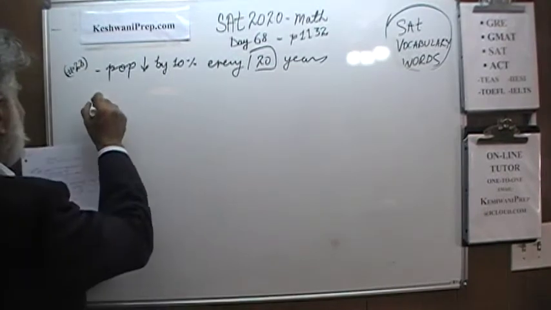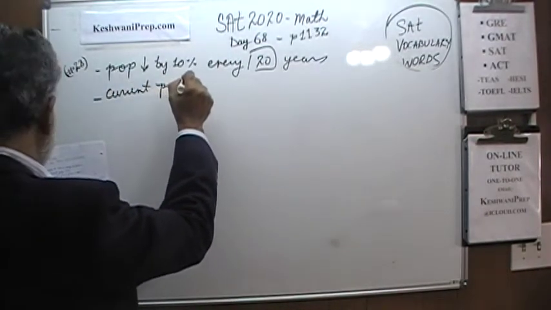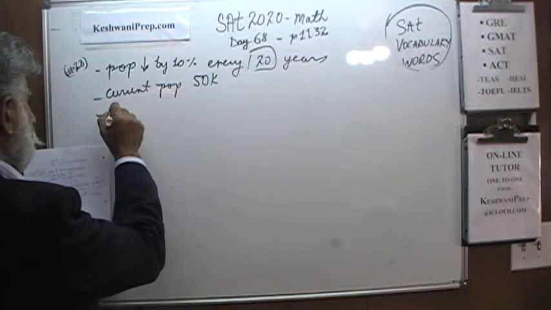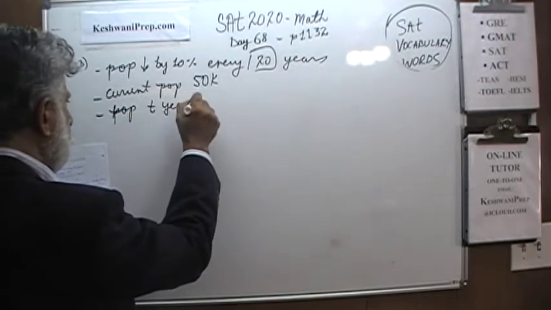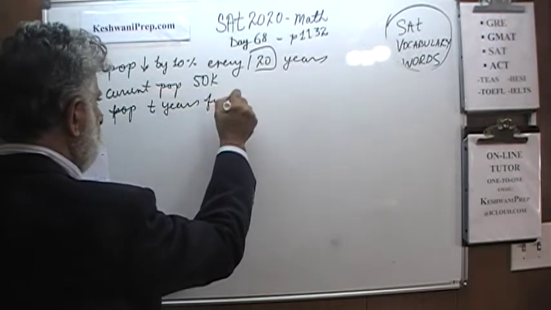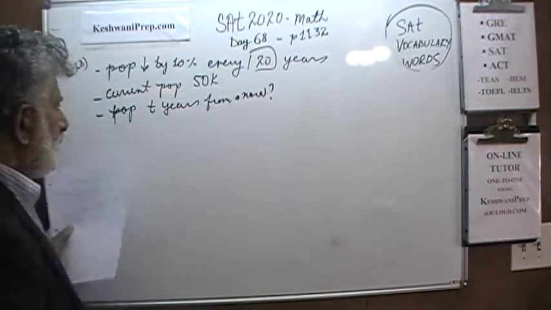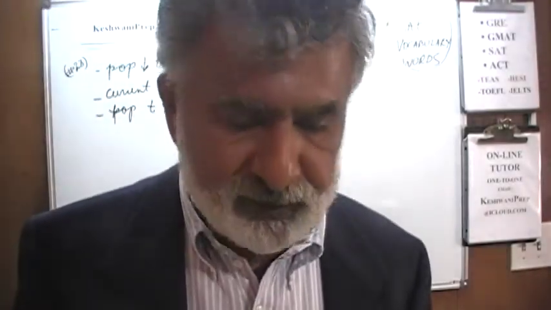We are further told that the current population is 50,000. Question simply is, what's going to be the population of this town T years from now?